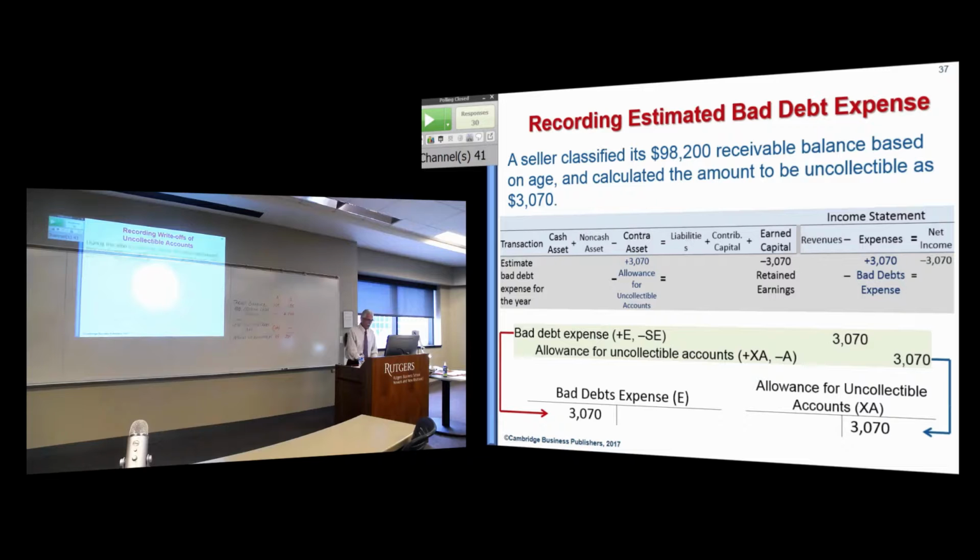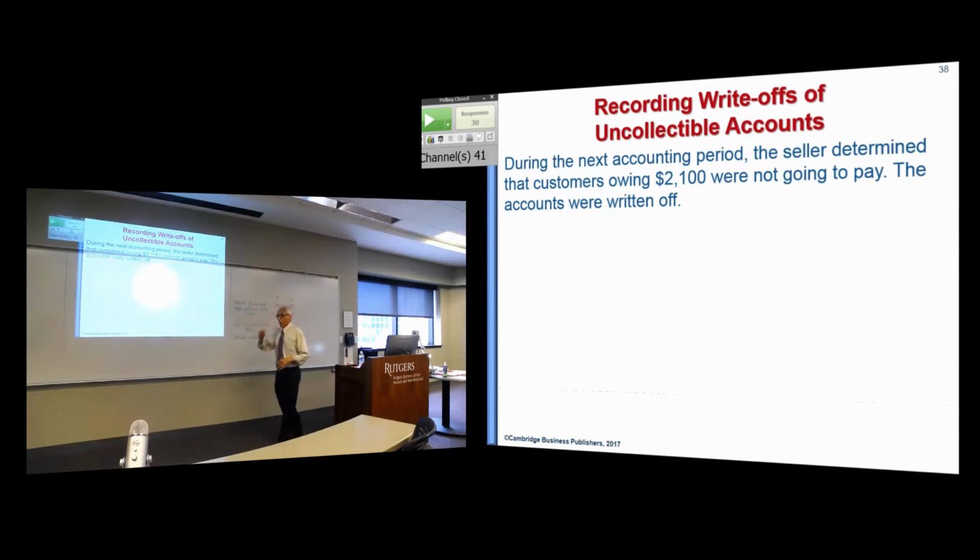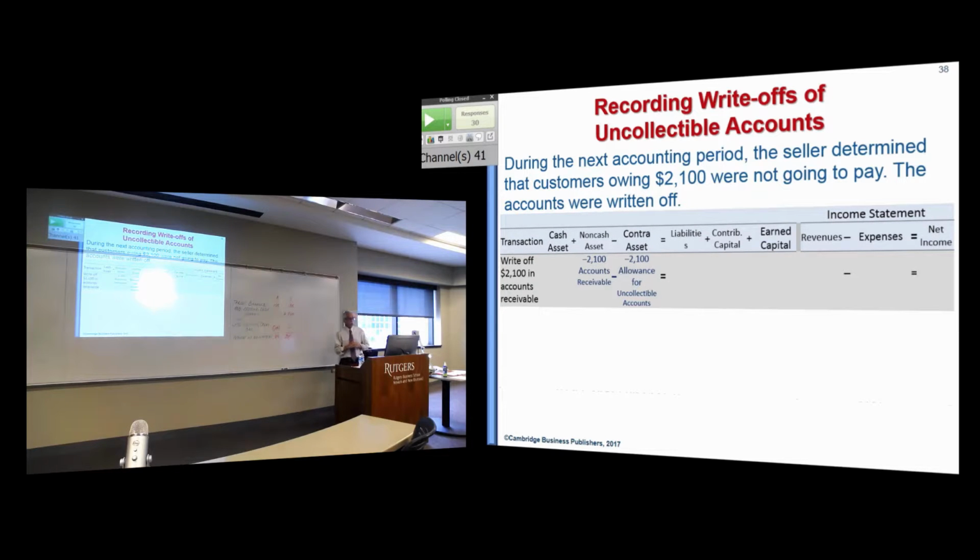So let's take a look at the account. Let's assume that next year the company determines that $2,100 of those receivables are not going to be collected. Those are specific accounts. So you know it's customer ABC. ABC company is not going to pay. You write off the account against the allowance.